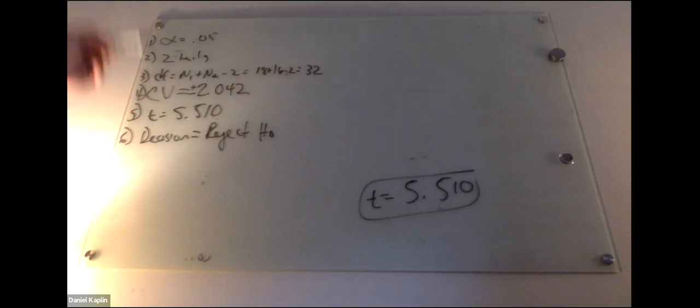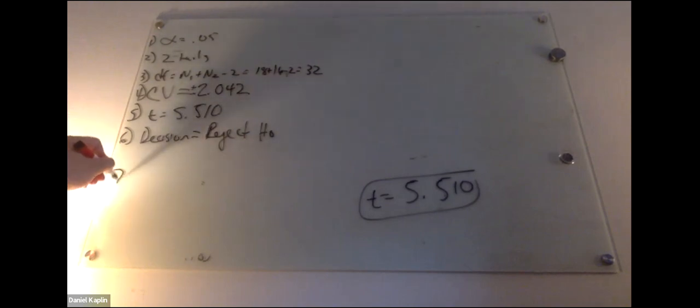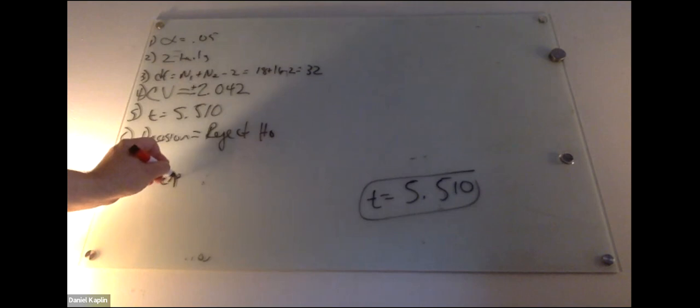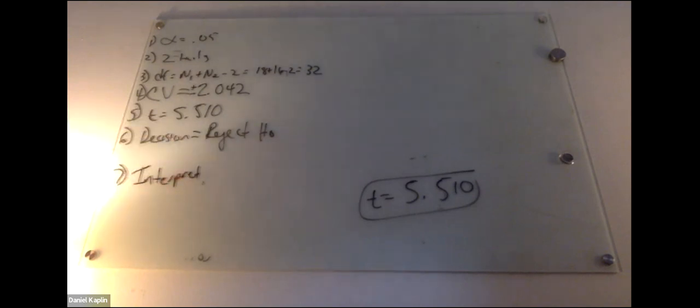All right. So what does that mean? That means for an interpretation, that when we used an independent samples t-test, we found significant differences between the means.